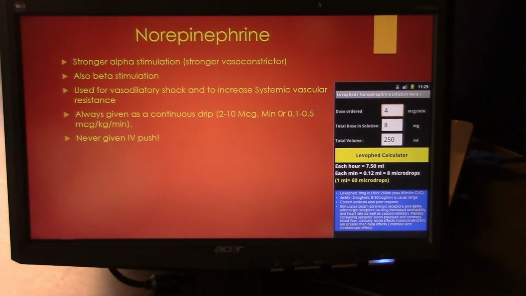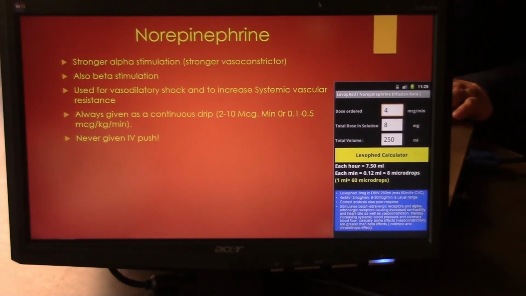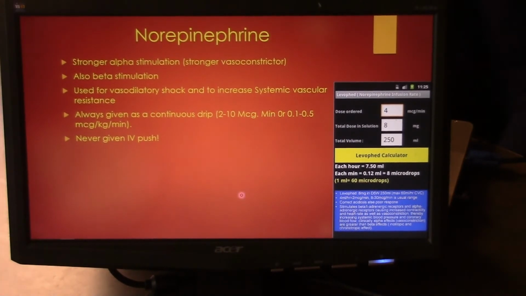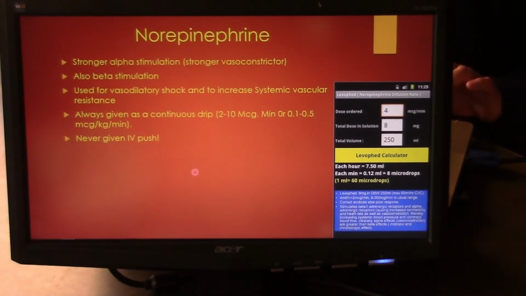Norepinephrine still does have some beta stimulation, so increased heart rate, increased contractility. It is never given IV push. It is always given as a continuous drip at 2 to 10 mics per minute or 0.1 to 0.5 mics per kilogram per minute. Never give IV push.